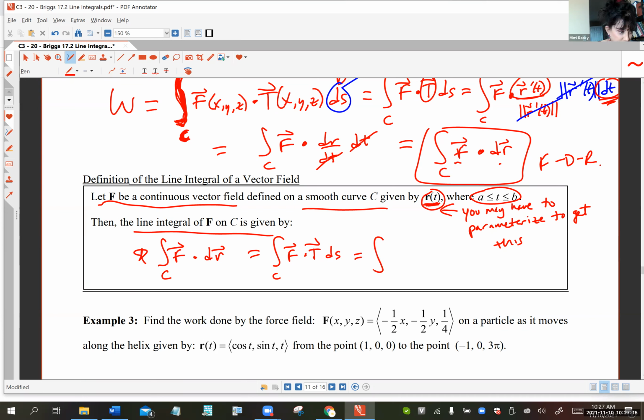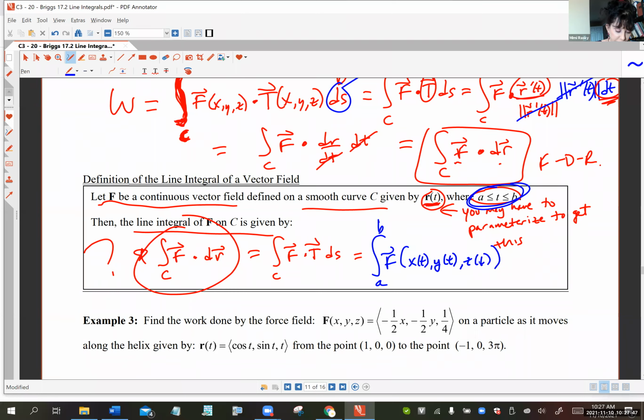So that is essentially when you rewrite it as a regular integral. When you get one of these, how do you deal with that? Well, I can't integrate that. You turn it into a regular integral. Well, how do you do that? What you're going to do is turn it into a regular integral that a calculus 1 person could do, hopefully. You put your integral symbol, and then you have your time interval, a to b. And then your force field is evaluated not at x, y, z, but at x of t, y of t, z of t.